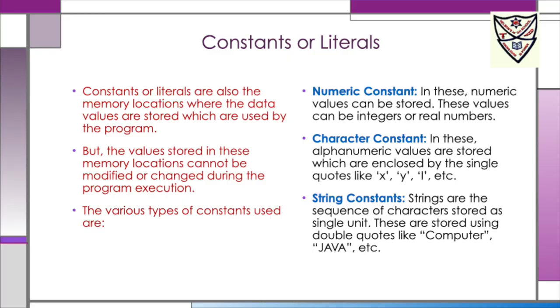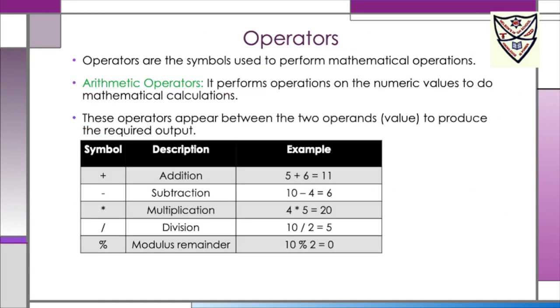These values can be integers or real numbers. Character constant. In these, alphanumeric values are stored which are enclosed by the single quotes like you can see in the examples here. Then we have the string constants. Strings are the sequence of characters stored as a single unit. These are stored using double quotes like in the examples here.